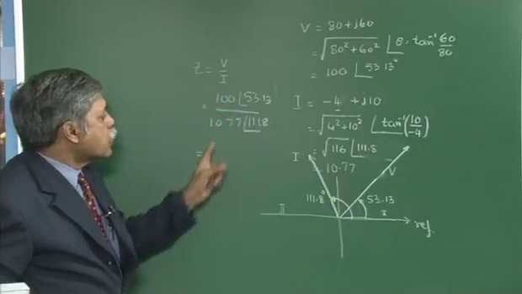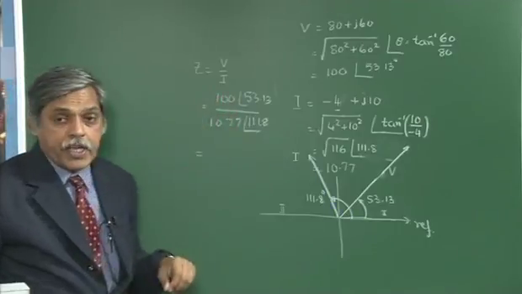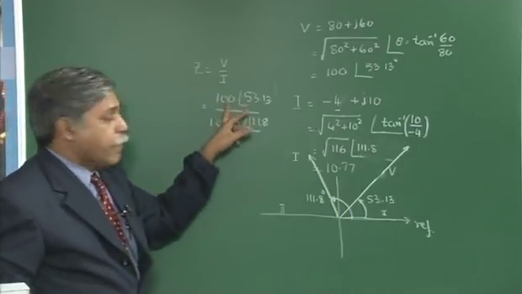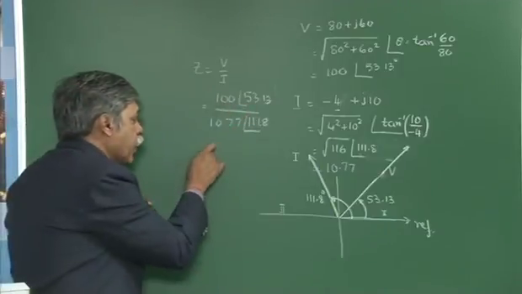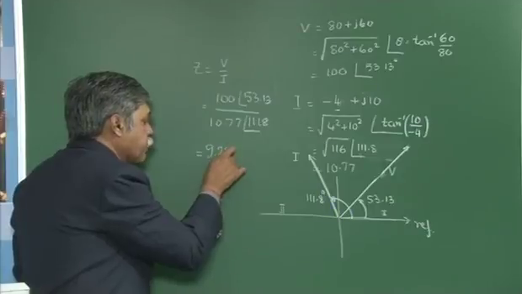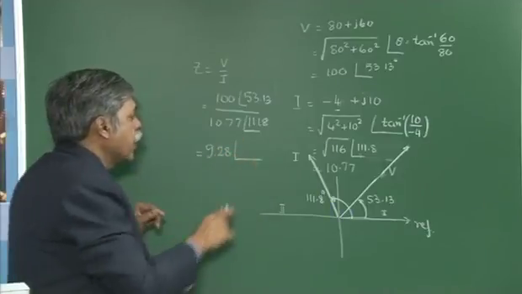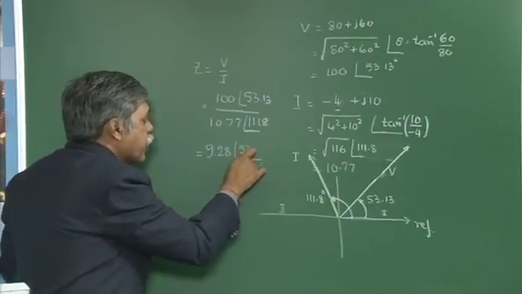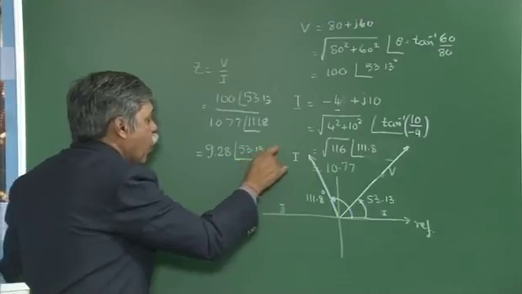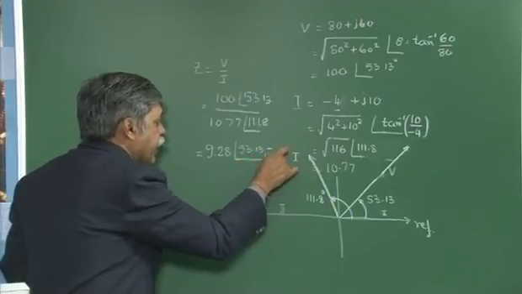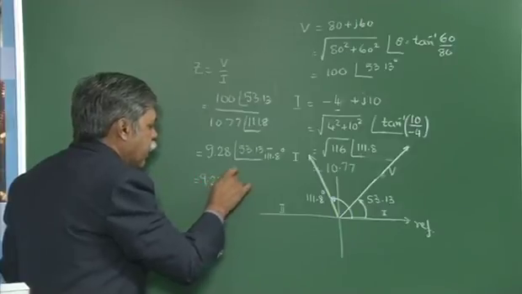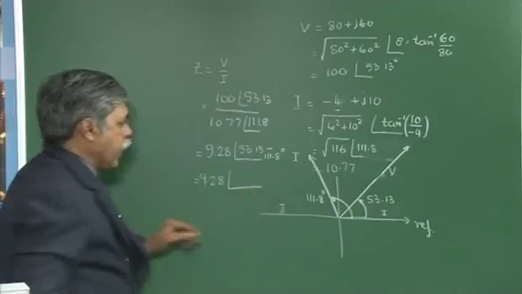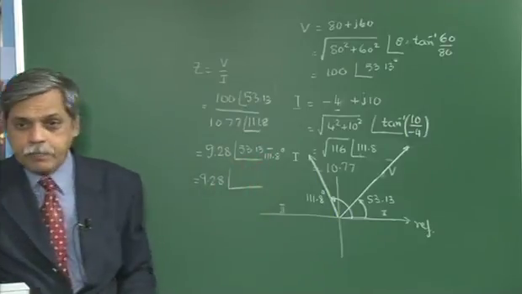Now what you have to do is, in finding out the magnitude of the impedance, you need to divide the magnitudes, that is 100 divided by 10.77 will get you 9.28, and angle of 53.13 minus 111.8 degrees. So you should take the difference of the numerator angle and the denominator angle, okay.